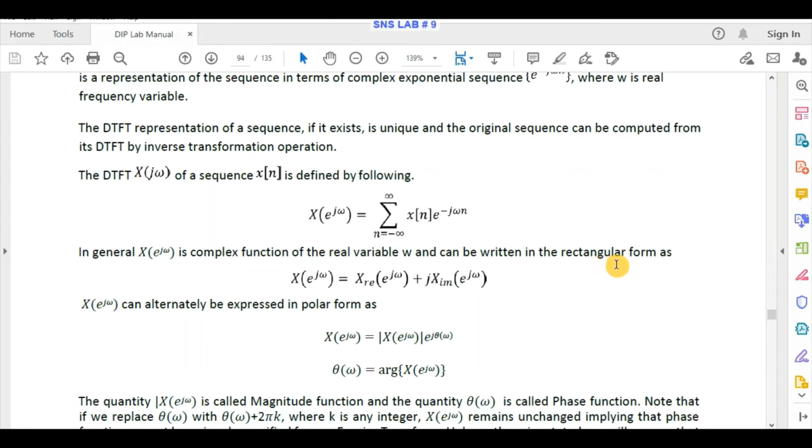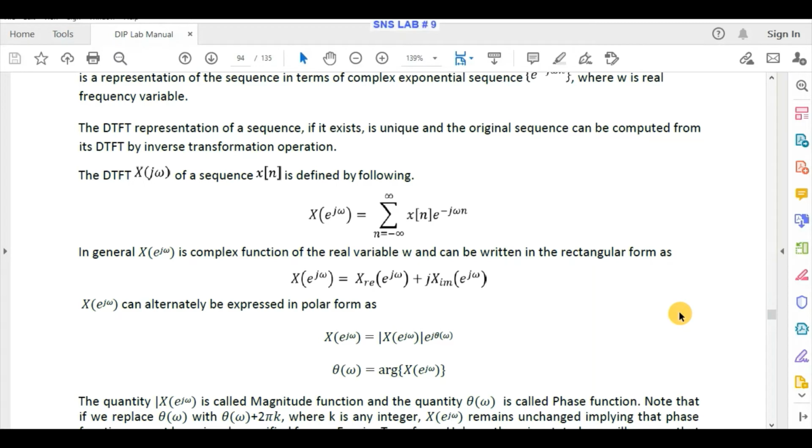The first one is rectangular form and the second one is polar form. In rectangular form, the signal in frequency domain is equal to the real part of the signal plus j times the imaginary part, and in polar form we can represent it in two values: its magnitude and its phase.